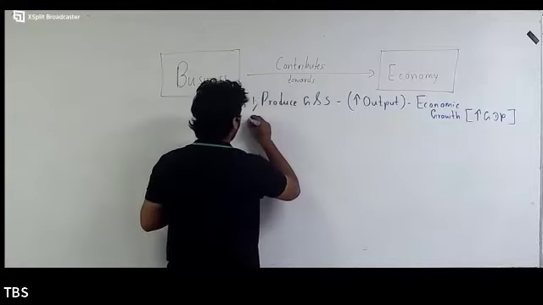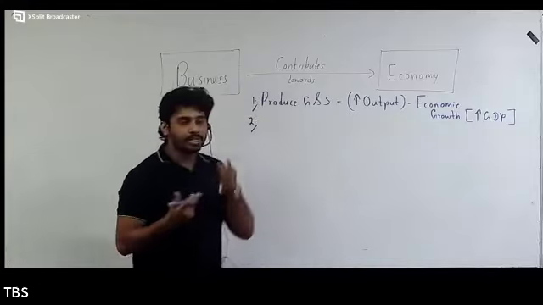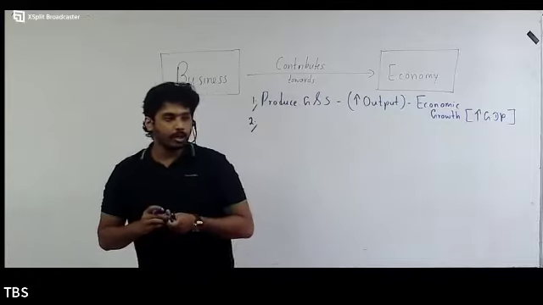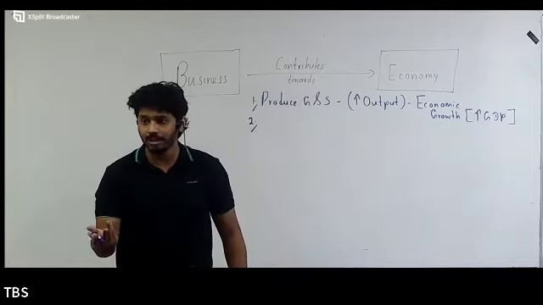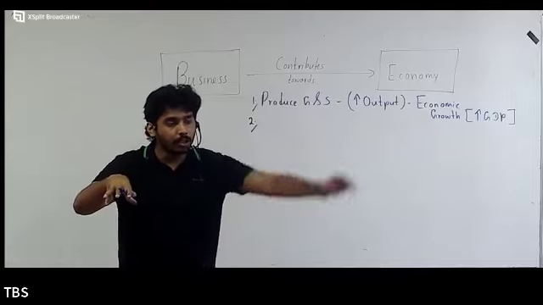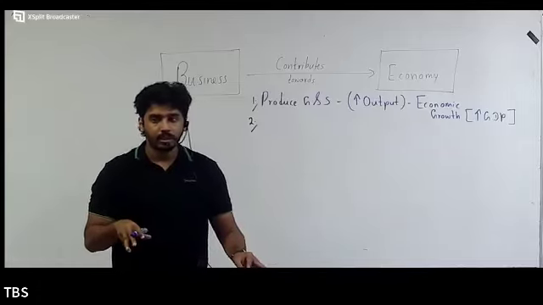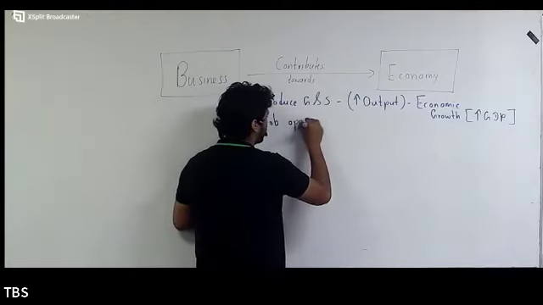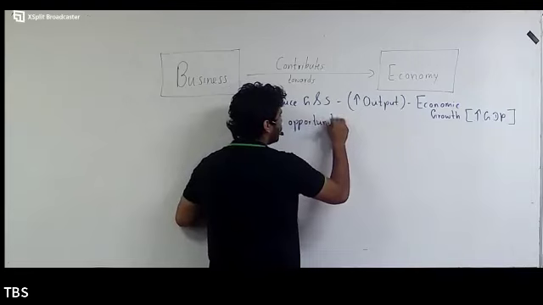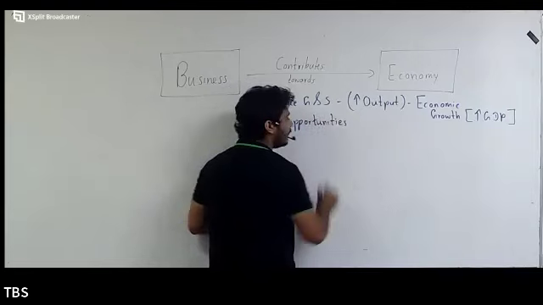Second one. Now to produce output, who is required for business? People, humans. Right? Now business will give what opportunities to people? Job opportunities to people. So businesses create what? Job opportunities. Think about it, guys. You are starting a business one day.